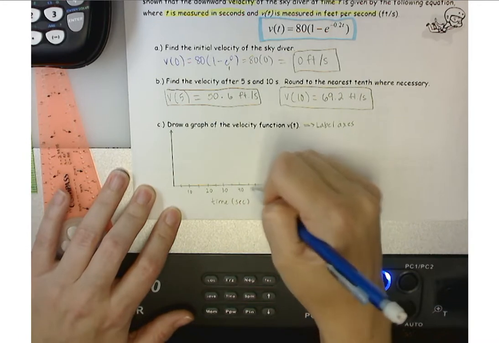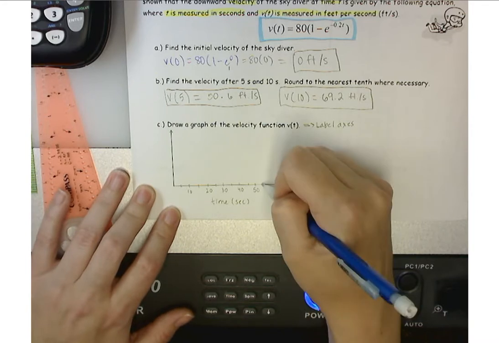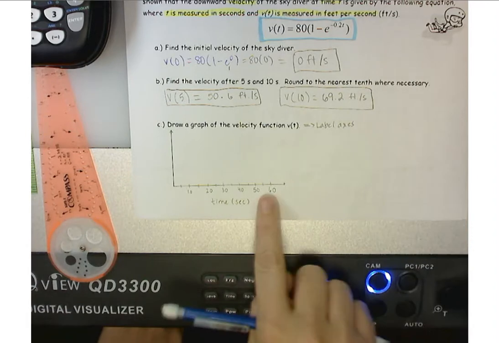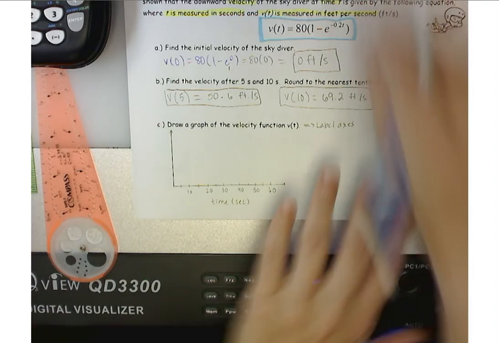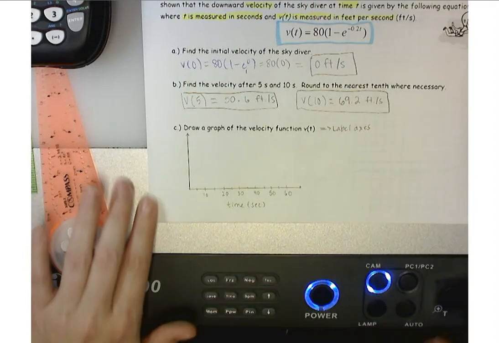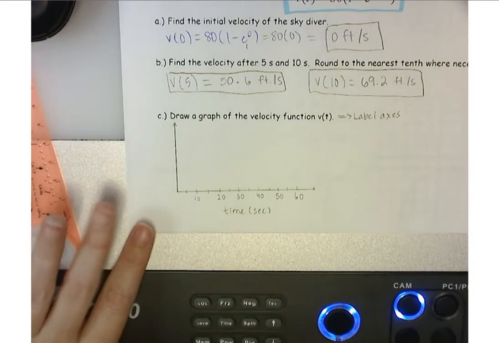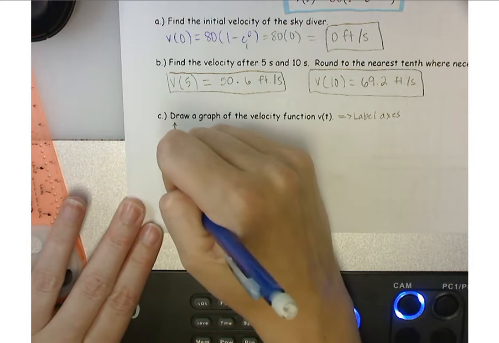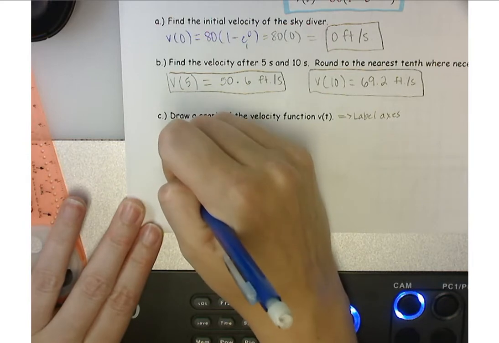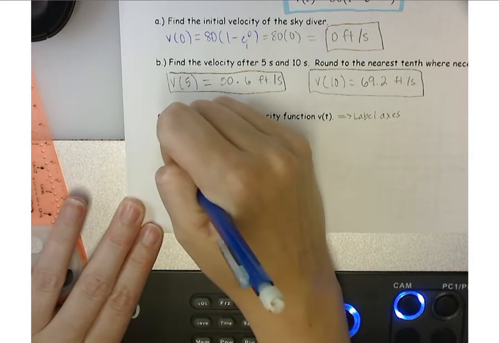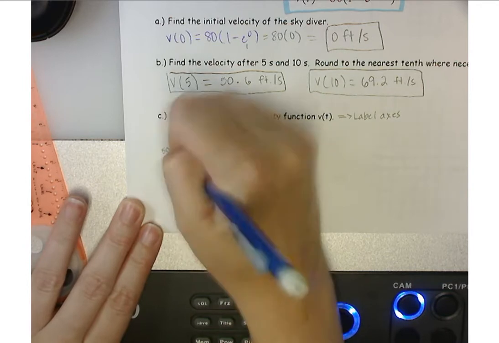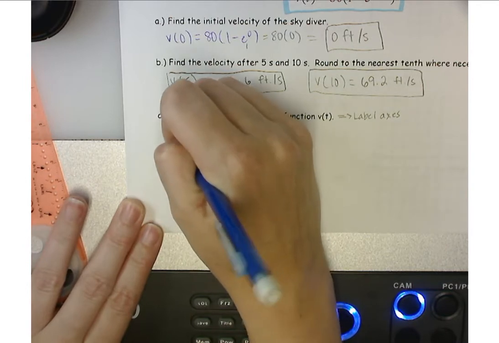Okay, and then I know I only have to deal with the positive here because my time is going to be positive. My velocity is going to be positive. And then here I'll just go by 10. So 10, 20, 30, 40, 50, 60, 70, 80.